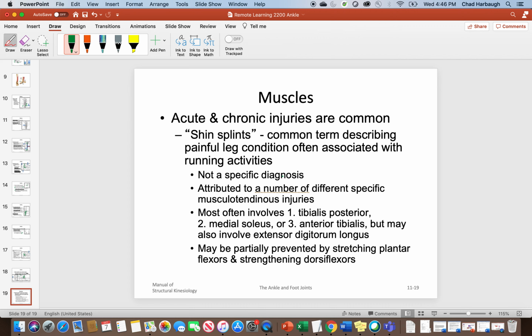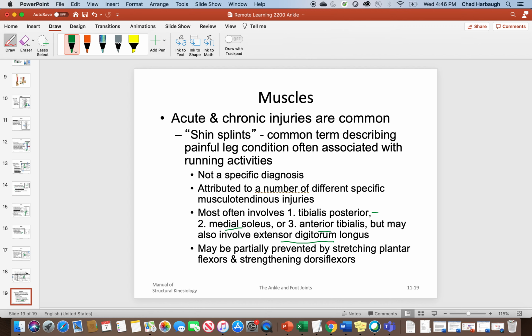Most often, when we look at shin splint diagnosis, what we see involved is a lack of strength or tightness in the tibialis posterior, in the medial soleus, and the anterior tibialis, which is usually weakened. But it can also go into weakness in the extensor digitorum.